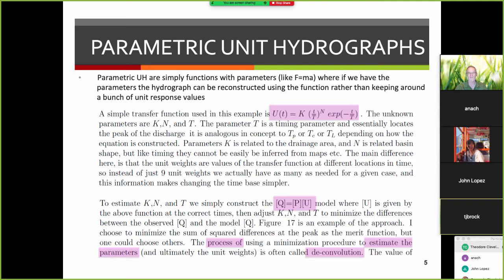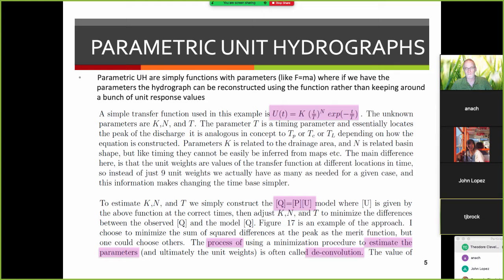As far as you all know, I just pulled it out of the air. The particular structure there happens to be a gamma distribution, and those have been shown over the years to be pretty good representations of watershed response. But that's sort of irrelevant.